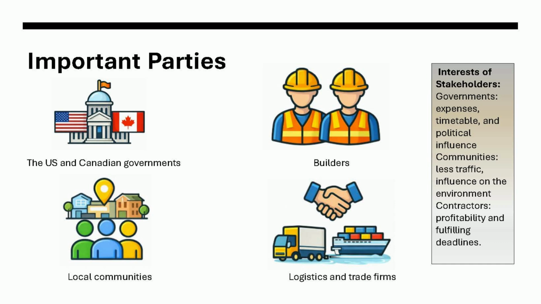Governments focus on cost, schedule, and political impact. Local communities are concerned about environmental effects and traffic changes. Contractors are focused on profitability and completing the project on time. Understanding these different perspectives is essential for managing large infrastructure projects successfully.